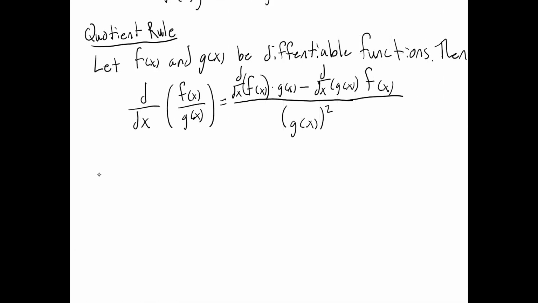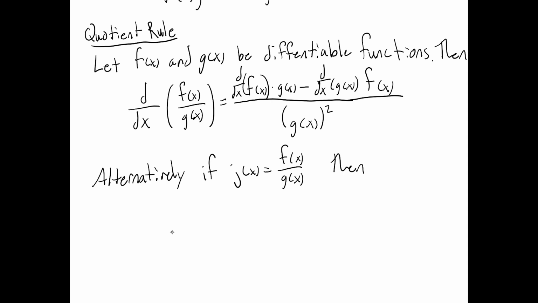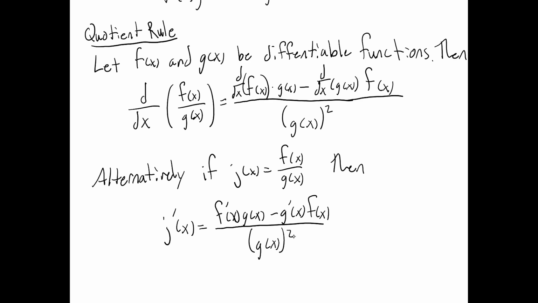So alternatively, if j of x equals f of x over g of x, then j prime of x equals f prime of x times g of x minus g prime of x times f of x over g of x squared. This is the quotient rule, okay?